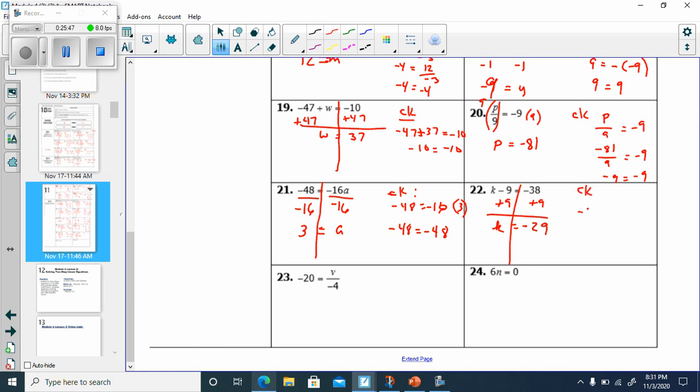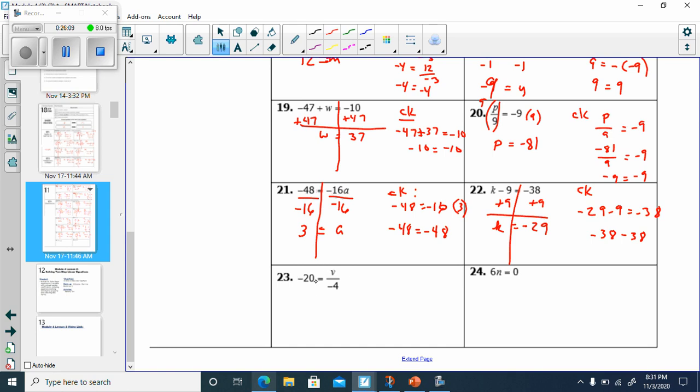That would be negative 29 minus 9 equals negative 38. Negative 29 minus 9 is negative 29 plus negative 9, which would be negative 38. And these two are equal. Therefore, this is the solution. K is equal to negative 29 is the solution.